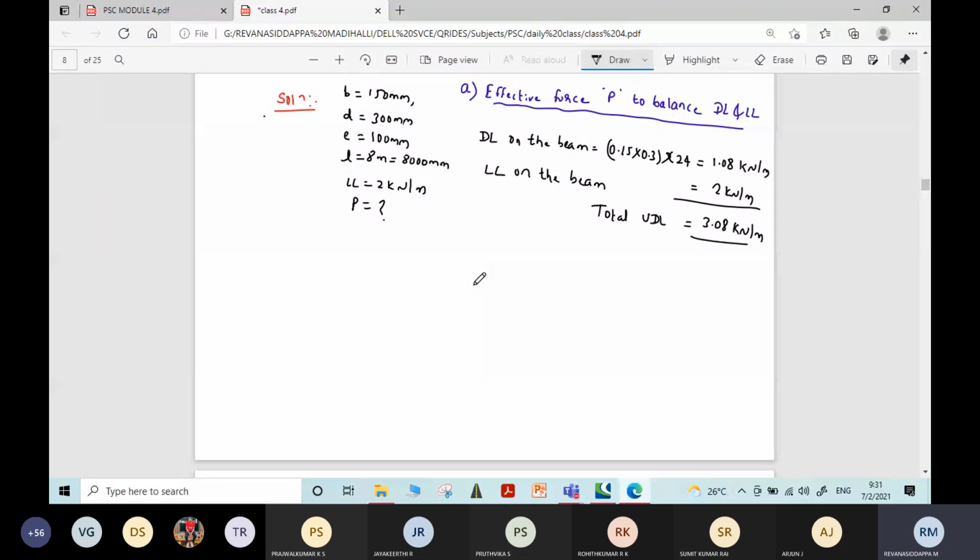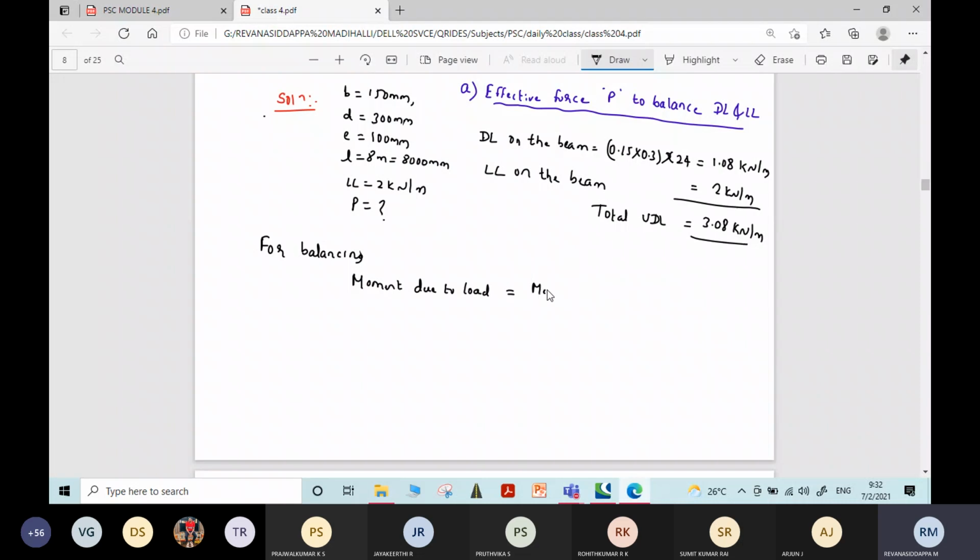You write below, for balancing, the moment due to load should be equal to the moment which is resisted by the pre-stressing force.